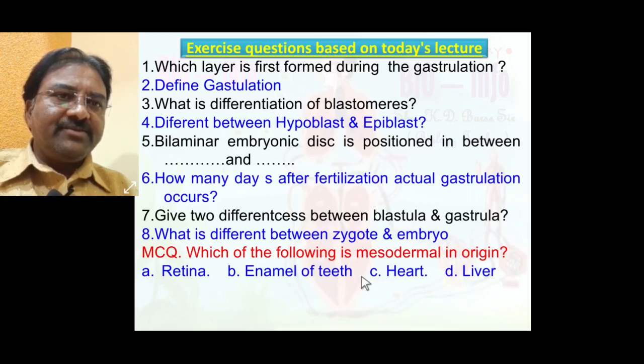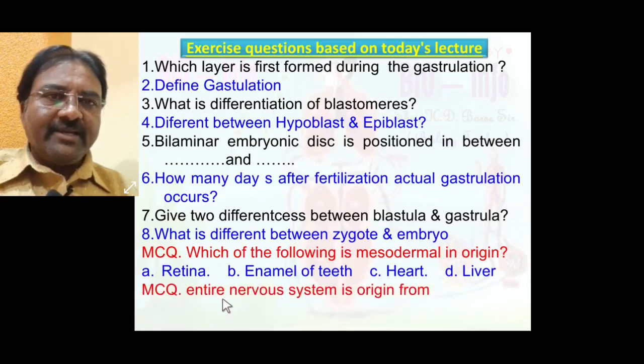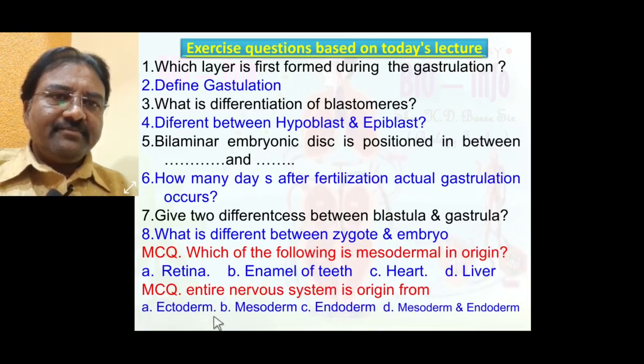Which one is of mesodermal origin? The correct answer is heart. Second MCQ: the entire nervous system originates from ectoderm, mesoderm, endoderm, or mesoderm and endoderm. The correct answer is ectoderm; the entire nervous system originates from ectoderm.